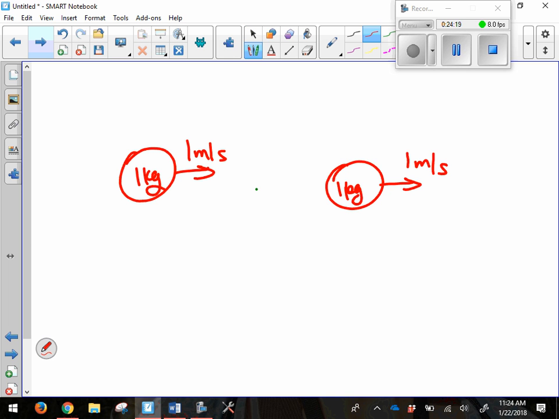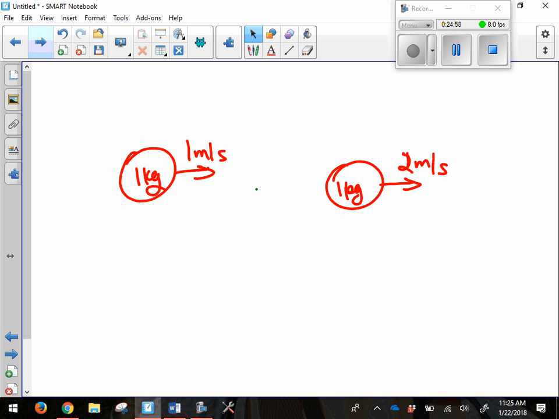Now, we can make it more complicated. If that one's moving faster, then what's going to happen to the objects? Well, this object is going to be moving faster, so the distance between the objects is going to get bigger, right? The center of mass is always going to be in the middle, but being that the objects are getting farther apart, the center of mass is going to be moving with respect to the objects.